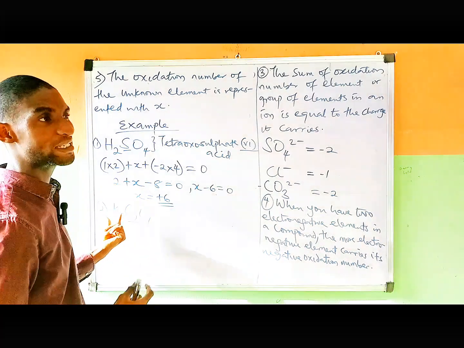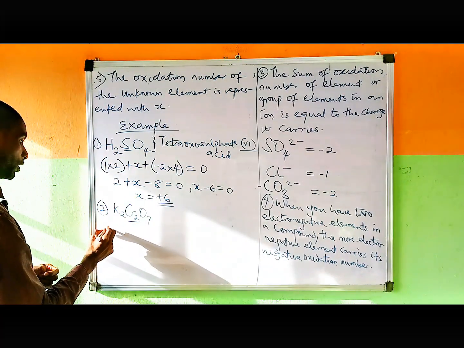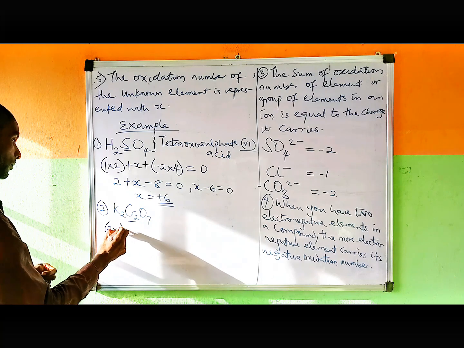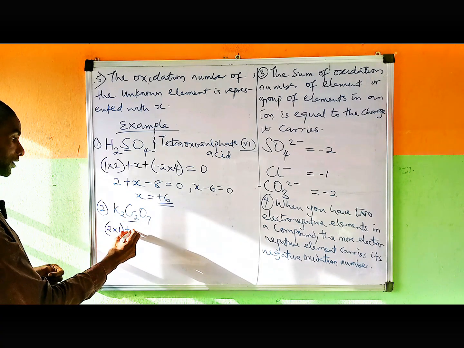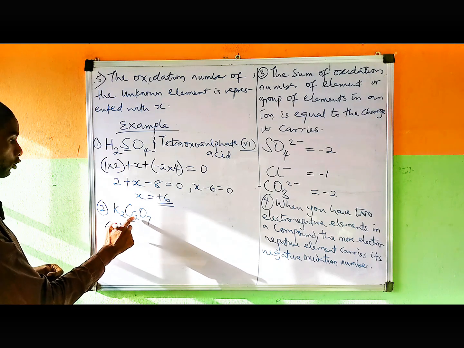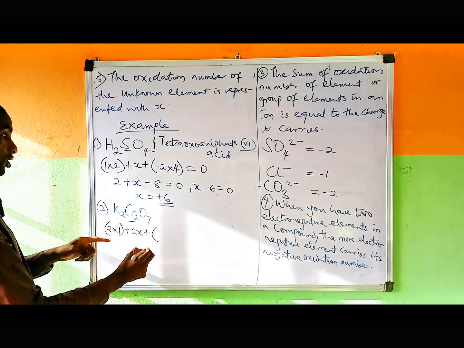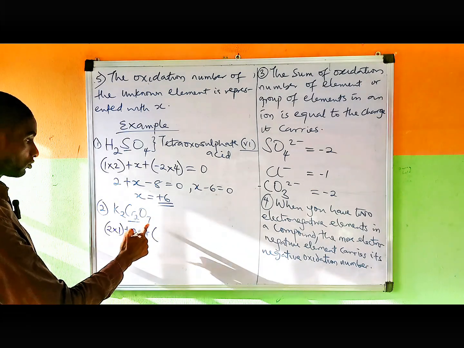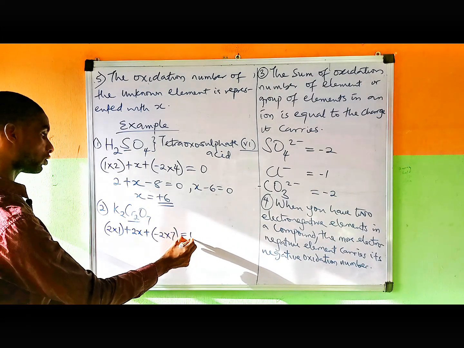Potassium is in group 1, therefore it has an oxidation number of plus 1. So you have 2 times 1 plus X for the unknown, but there are 2 moles of chromium here, so you have 2X plus, oxygen is always minus 2 multiplied by 7. All will be equal to 0.